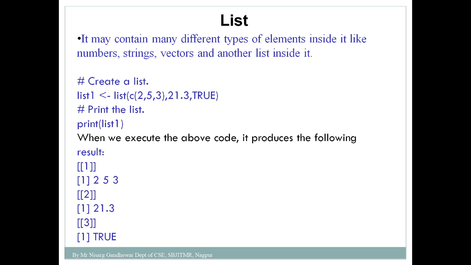Suppose we want to print the values in the list, we can simply use the print function, print(list1). As soon as I execute this command, I get the output: 253, 21.3, and TRUE. So list is a data object which may contain different types of elements. Here we can see integer data, numeric or floating point data, and it can also store boolean data such as TRUE, FALSE. In this way you can use a list.